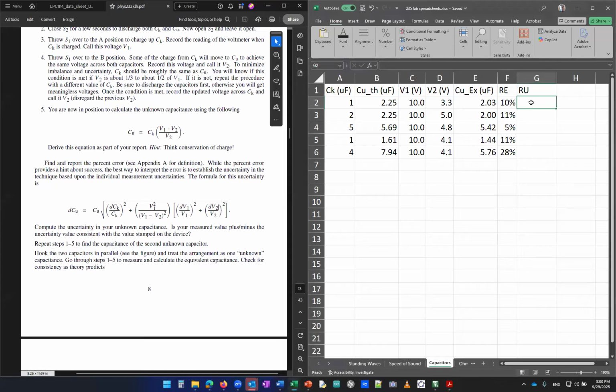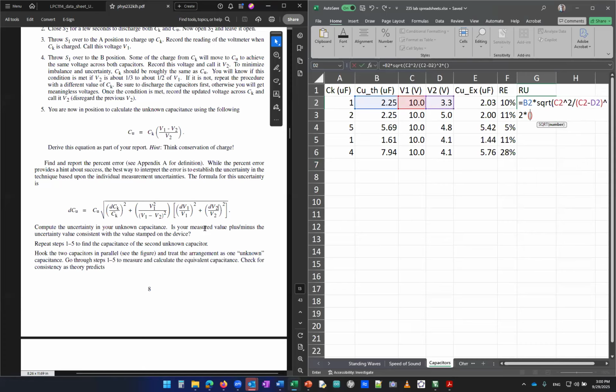So let's do an unknown capacitor, which is that times square root, and then this whole thing times this. So V1 squared, so V1 carried to 2, divided by V1 minus V2 squared, so V1 minus V2 carried to 2, squared, and then multiply each one of them.